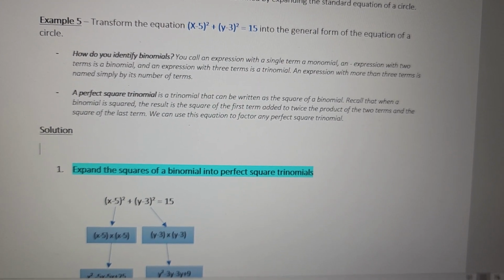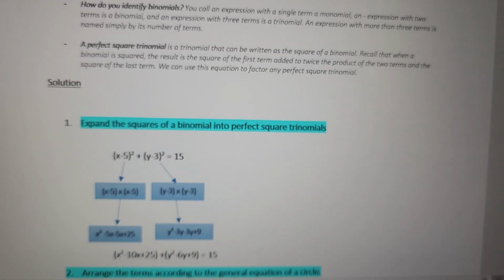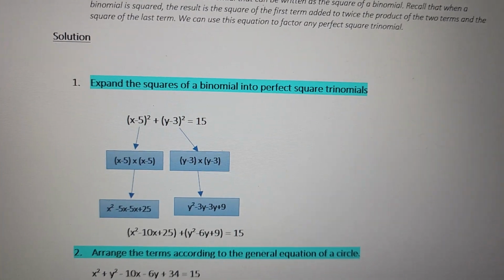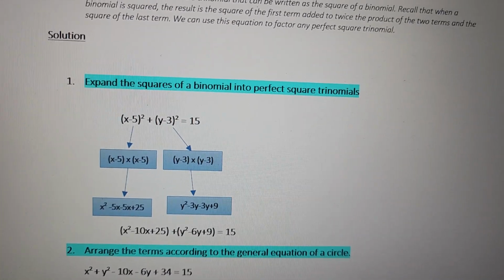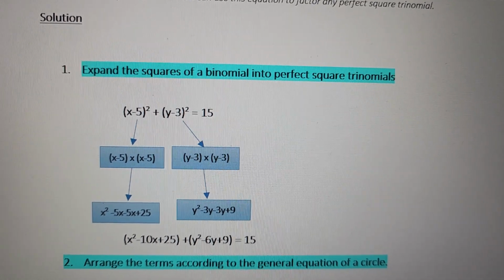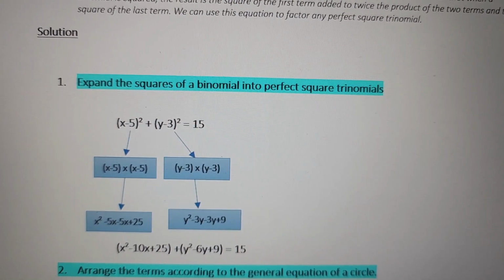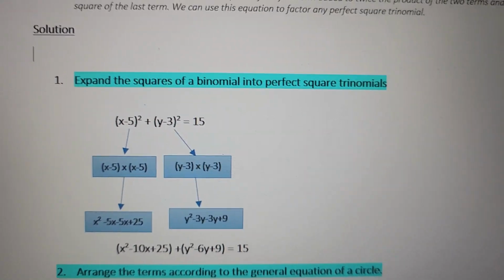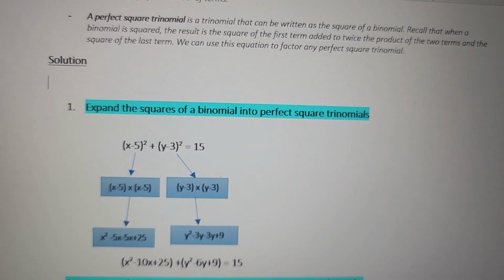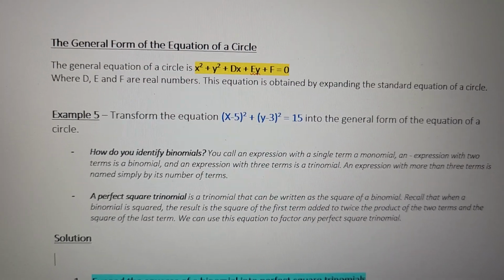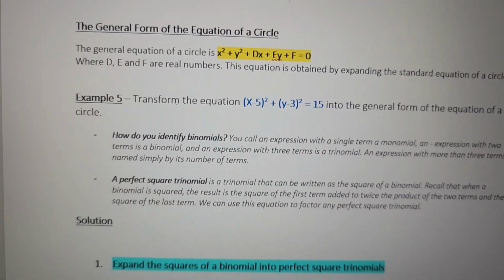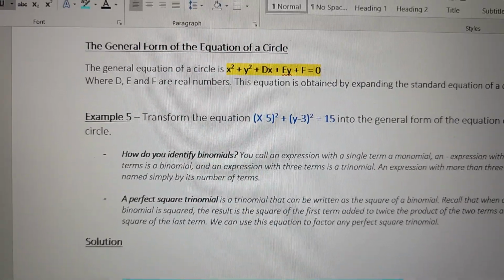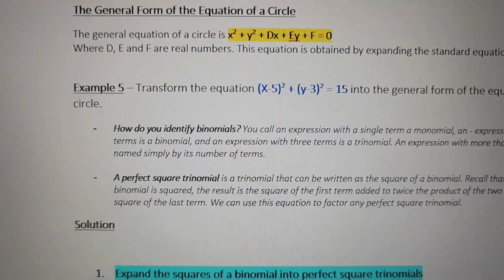So now, to solve the problem, we will first expand the squares of a binomial into perfect square trinomials. First and foremost, how do you identify binomials? An expression with a single term is a monomial.